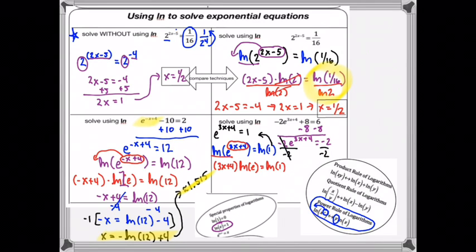The natural log of 1 is 0, and the natural log of e is 1. So that's going to give me 3x plus 4 equals 0. Solving that out, I'm going to subtract 4 and divide by 3, and that gives me x equals negative 4 over 3.